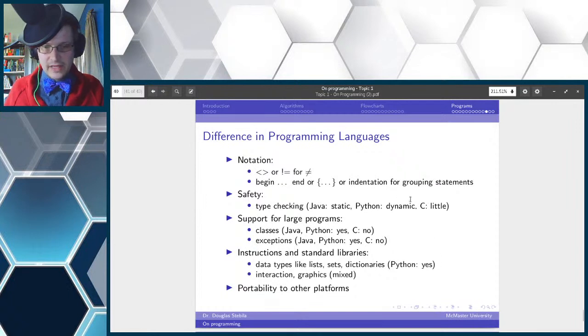Anyway, one of the bigger ways that programming languages vary from each other is the degree to which they check data types. So if you program in a lower level language like C, C does practically no work on your behalf.